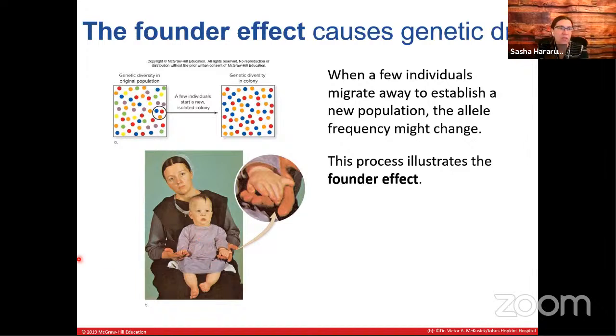Ellis-van Creveld syndrome causes dwarfism, extra fingers, and some other symptoms, and its prevalence among the old Amish population in Pennsylvania is 7%. And this is crazy high compared to the population outside of that region.